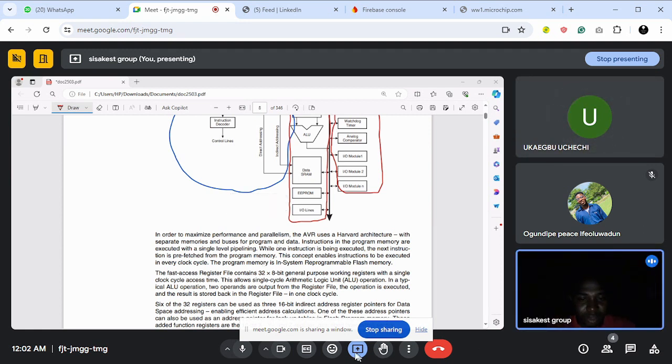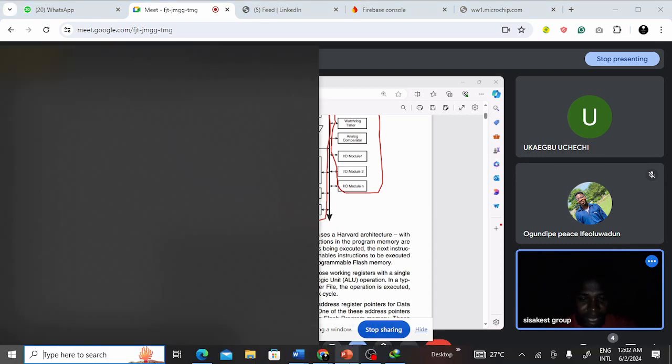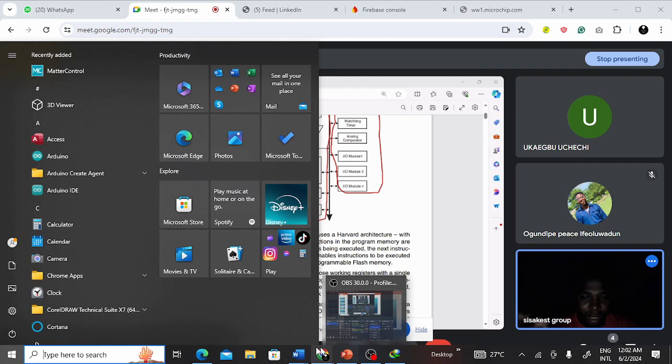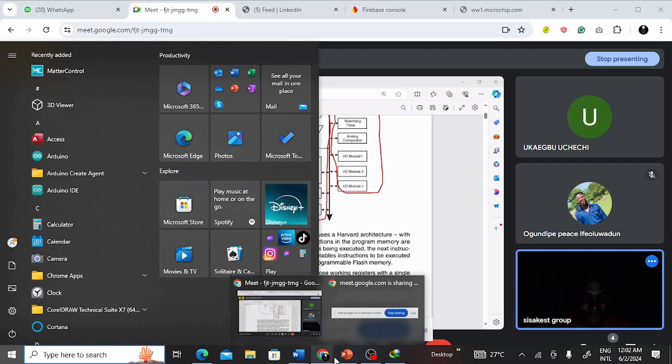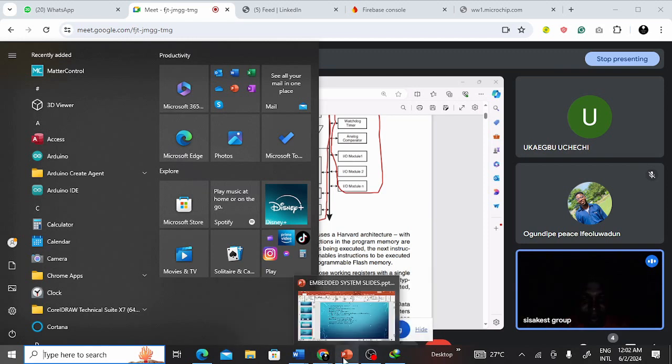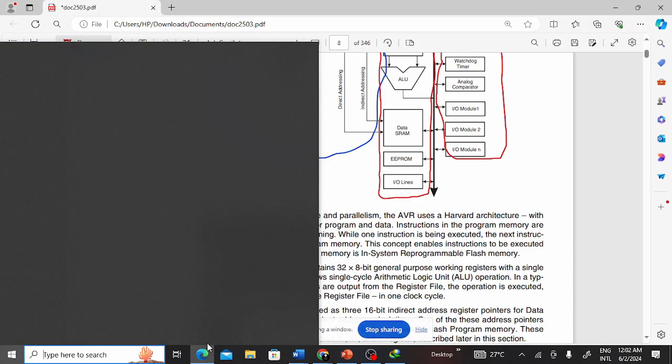Let me see if I can show you something. I believe it should be there. It's very good. I want us to ask questions, that's just the truth, so that I can explain much deeper than just being on the surface. Do you understand?